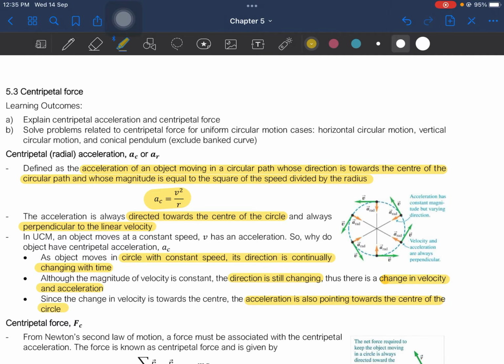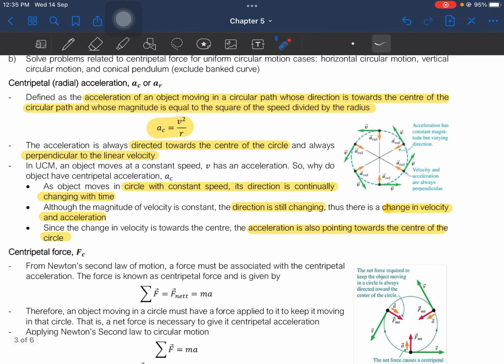Because of this change in velocity, the centripetal acceleration is present and it is pointing towards the center. So the acceleration has a constant magnitude but the direction is changing. And the linear velocity and the acceleration are always perpendicular. I repeat, as said earlier. Okay, so that is on radial acceleration.